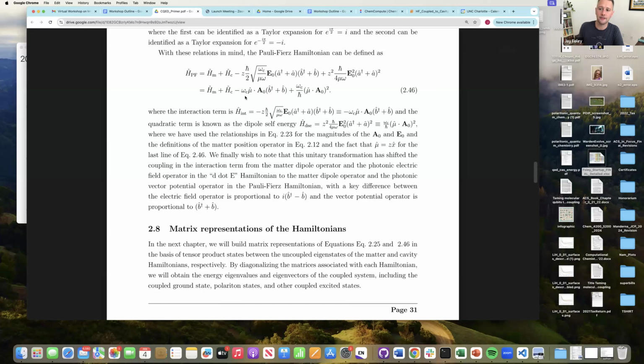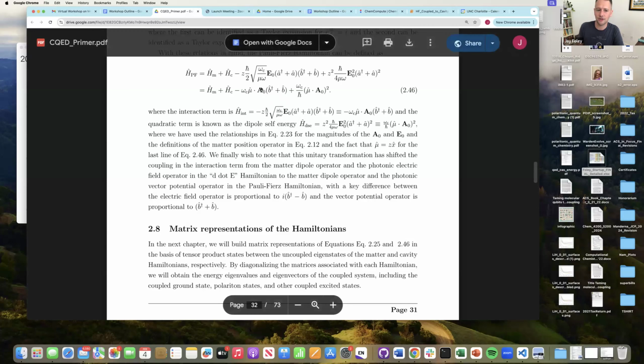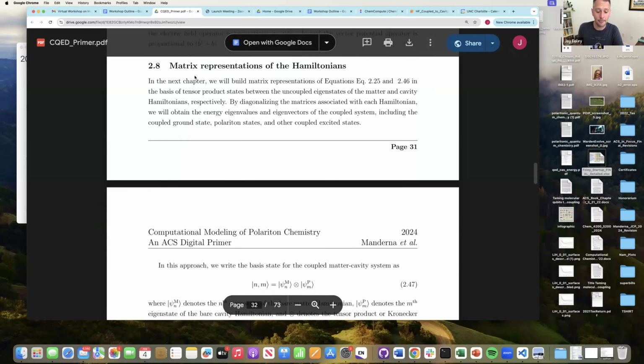So that's the real difference between the D.E Hamiltonian that we got to yesterday and the so-called Pauli-Fierz Hamiltonian that we're actually going to implement today. I did want to at least take a minute to remark on that, because when we get to the notebook, you're going to see this Pauli-Fierz Hamiltonian is one of the things that we do, and we won't actually implement the D.E Hamiltonian, but it's just one more unitary transformation beyond it.